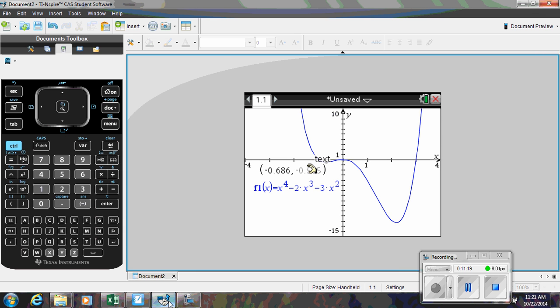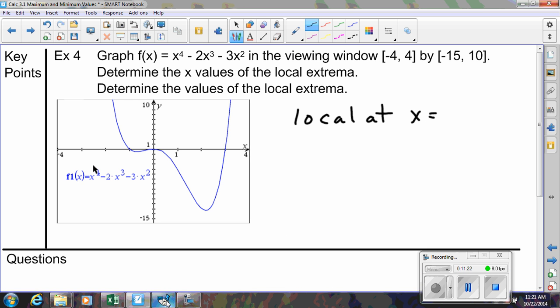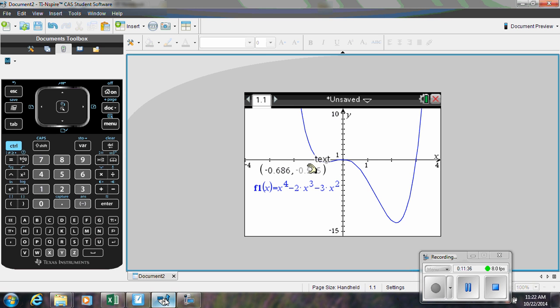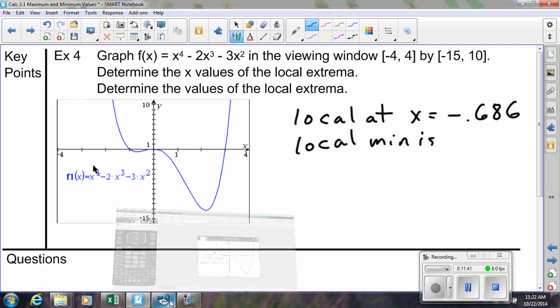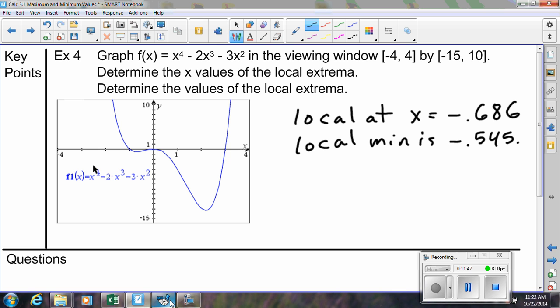We know that is rounded, not exact. And the value of the local minimum, the y value for our point, is negative 0.545. That's one of them.